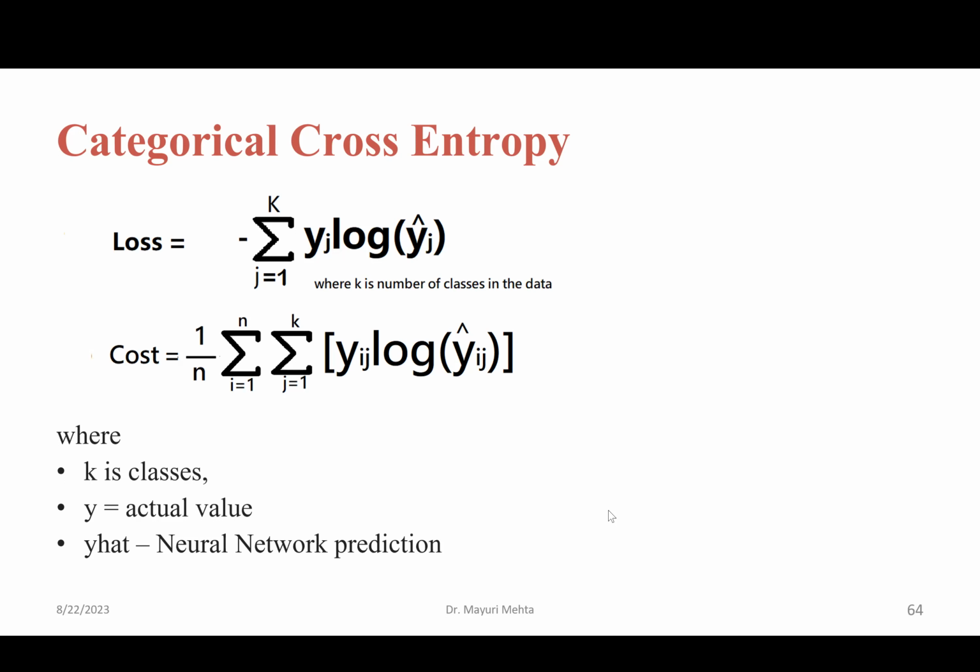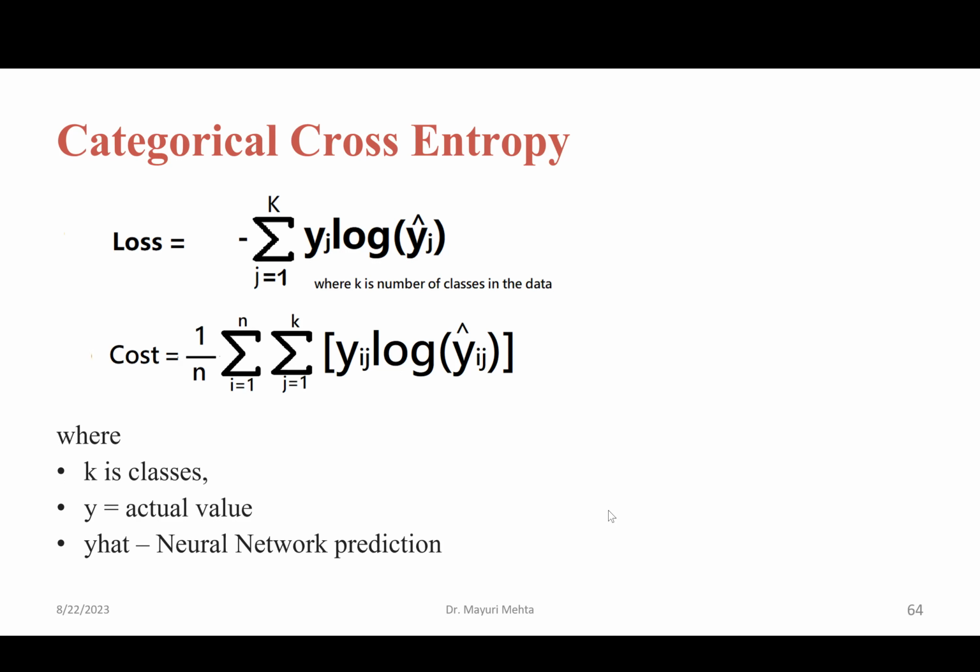You may have this question: when to use categorical cross entropy and when to use sparse categorical cross entropy. We also have sparse categorical cross entropy. So if the target column has one hot encoding, like, now what is one hot encoding? It may not be clear to you. One hot encoding is a data science concept.